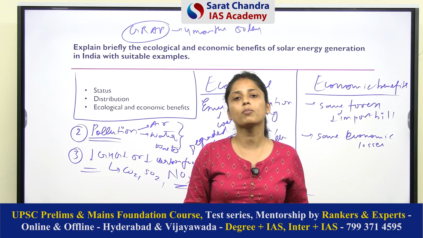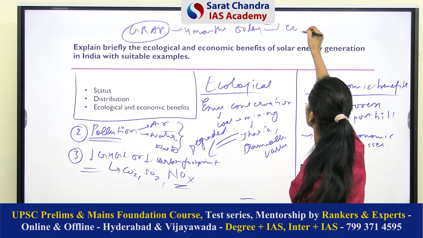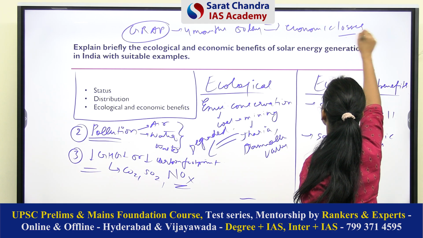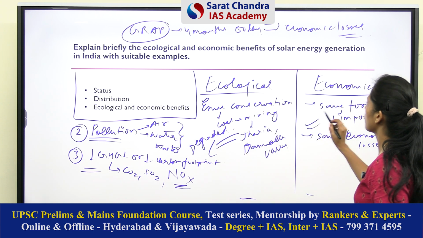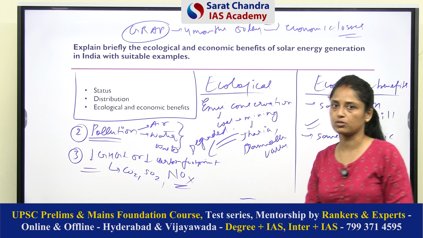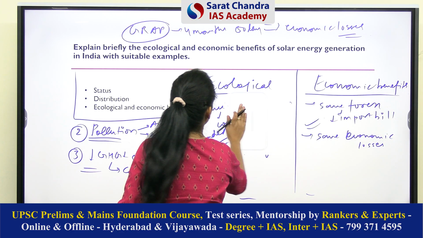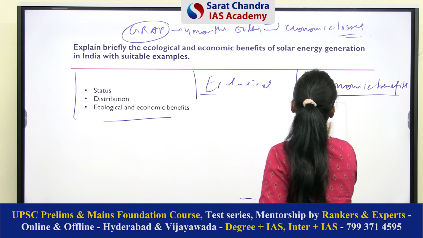So see, if thermal power plants are shut down, it will lead to economic losses, because there will be a power shortage. So these solar power plants can save you from economic losses also. Right. Now, let's discuss the other examples.